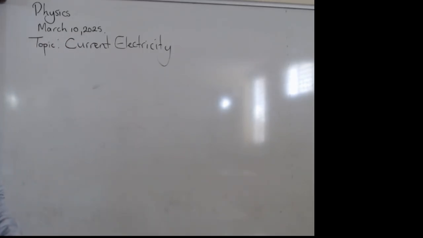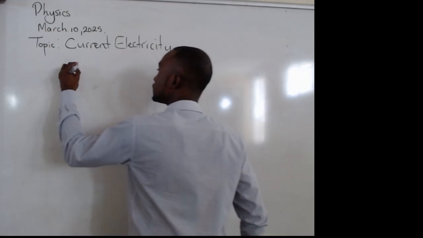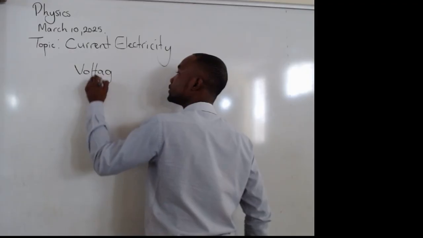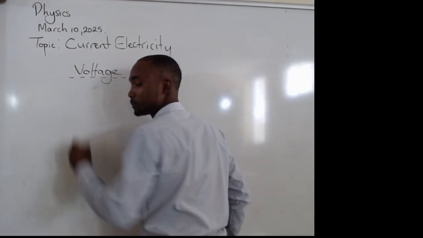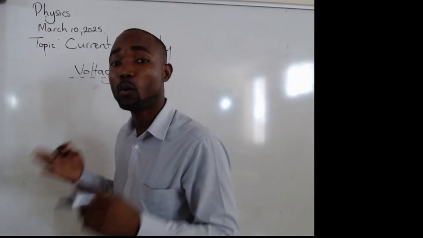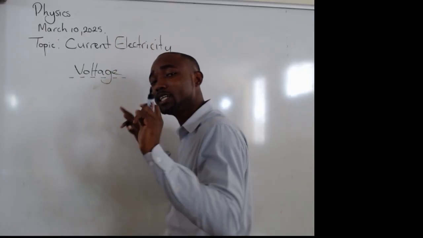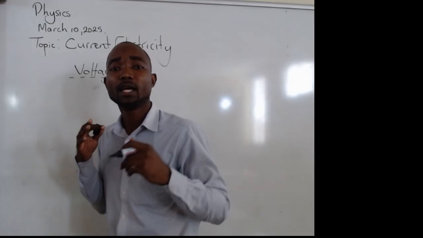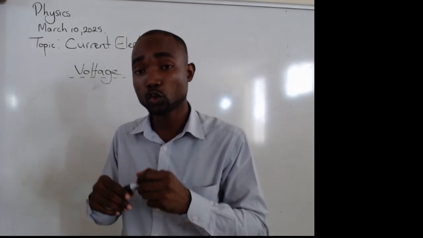All right. We write for voltage that this is the pressure provided by a power source. The pressure provided by a power source. The force, the pushing force provided by a power source. To push what?